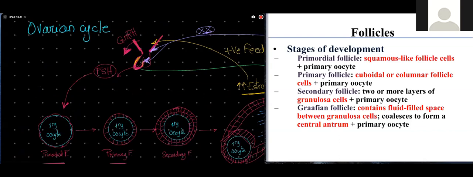We call this hormone that stimulates the anterior pituitary gland to release its gonadotropins the gonadotropin releasing hormone, or GnRH.